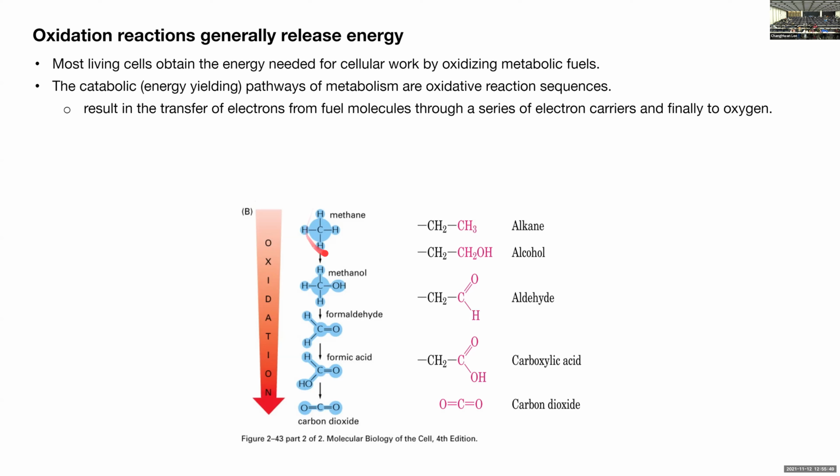And this catabolic pathway, which is the energy-yielding process of metabolism, is the oxidative process. So you go through multiple oxidations to gain energy at each step of oxidation, ending up resulting in carbon dioxide here.